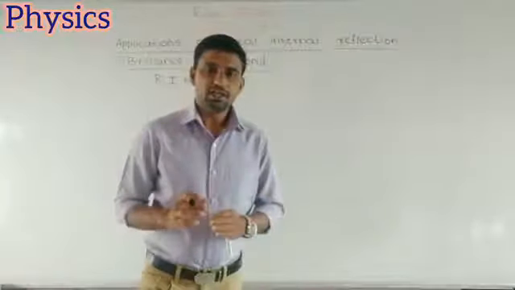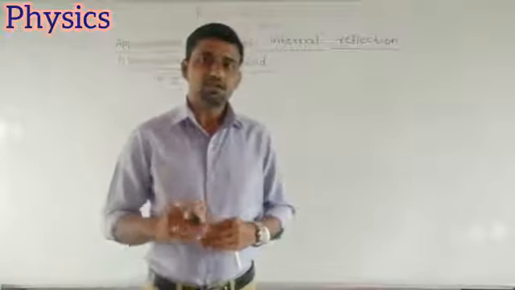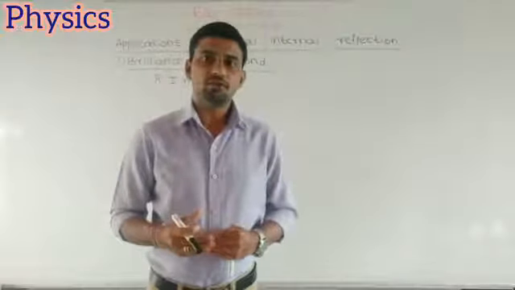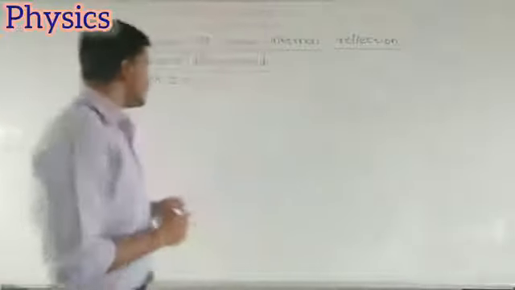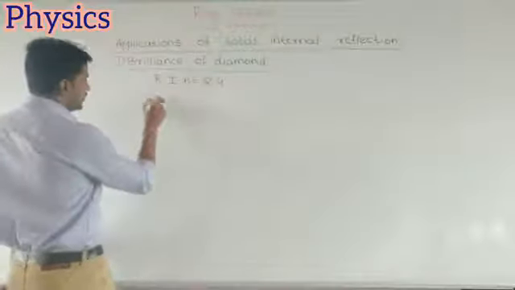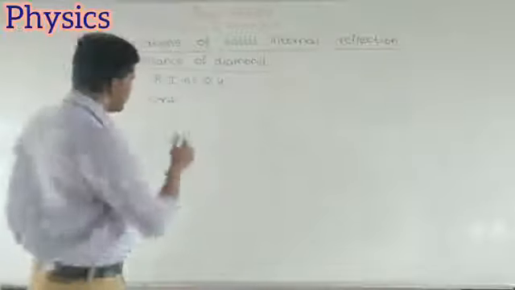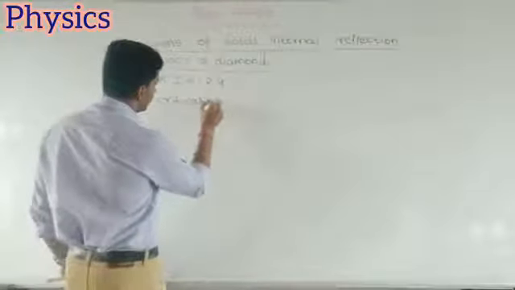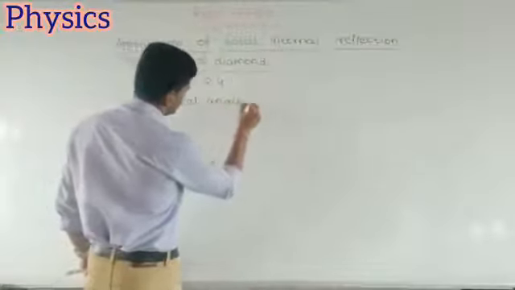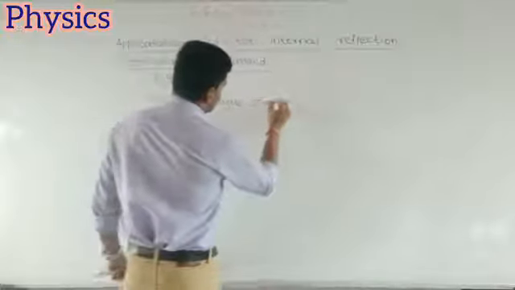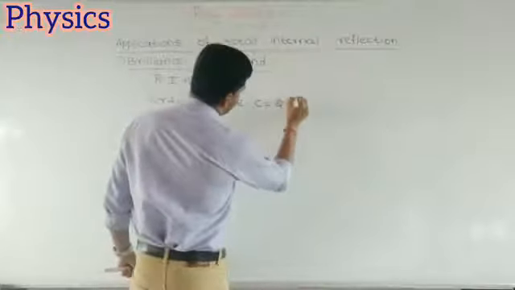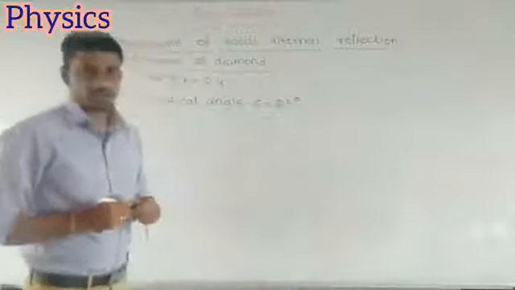And we know that if the refractive index value is more, then the critical angle value is less. So the critical angle for diamond with respect to air is C equal to nearly 25 degrees.